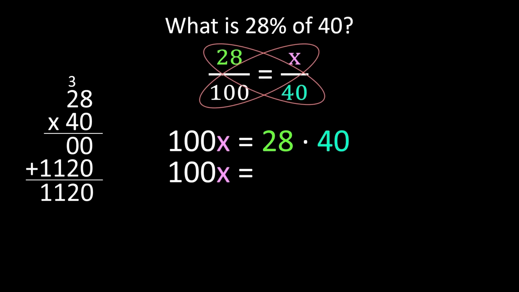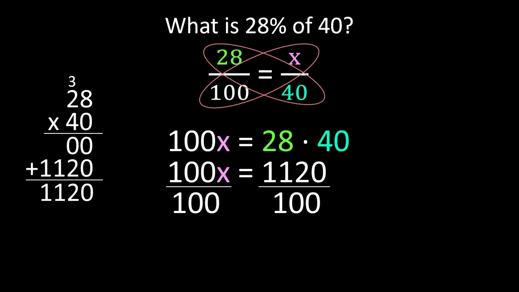When I add, I get 1,120. And now I'm solving a one-step equation. 100x equals 1,120. To solve for x, I'm going to be dividing both sides by 100. So x is equal to 11 and 2/10. So 28% of 40 is 11 and 2/10.